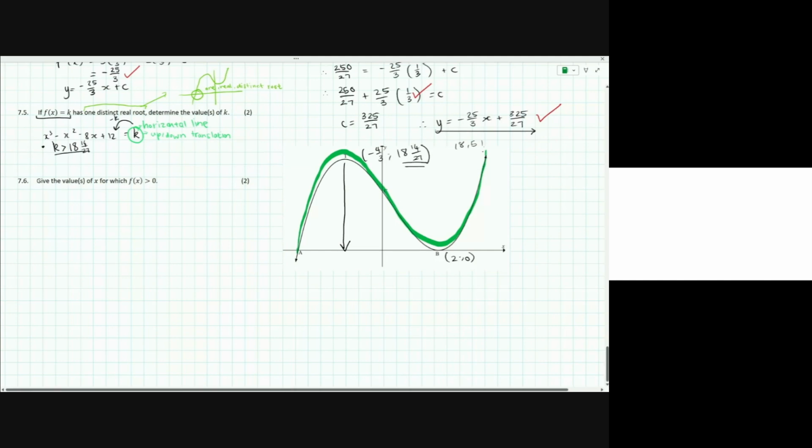So this is option 1. Option 2, we said, is to move it just enough units up. Now, again, think about this logically. B is on the x-axis. So even if I move it 0.001 units up, it's no longer on the x-axis. So I just need to move it up more than 0 units, and I will then have one real distinct root.